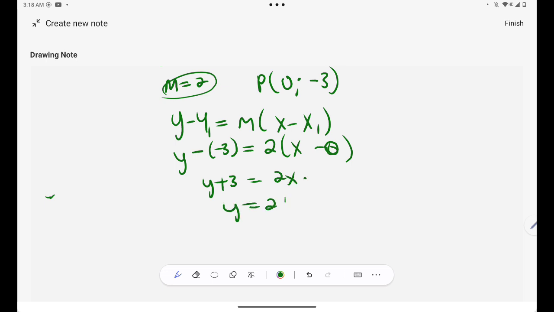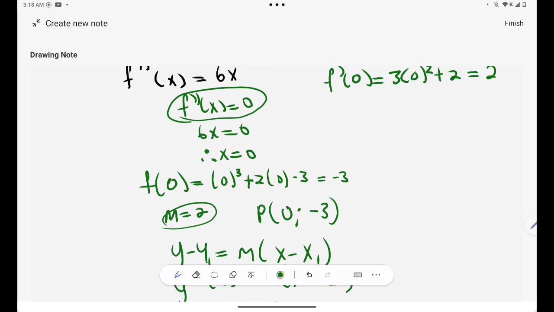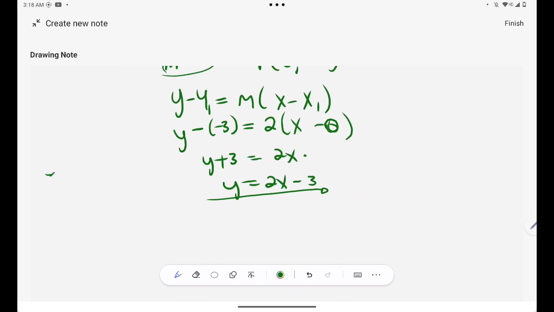Therefore, y is 2x minus 3. This is the equation of my tangent at the point of inflection. Are you together? So this is how I deal with finding the equation of a tangent, guys.